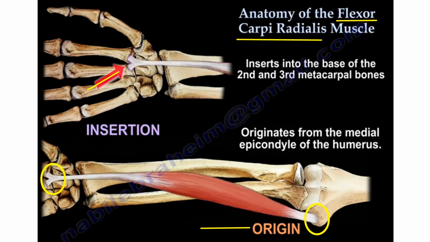Here at the wrist, you can see that the tendon is bifurcated into two parts. This is its insertion. The insertion is going to be at the base of the second and third metacarpal bones.